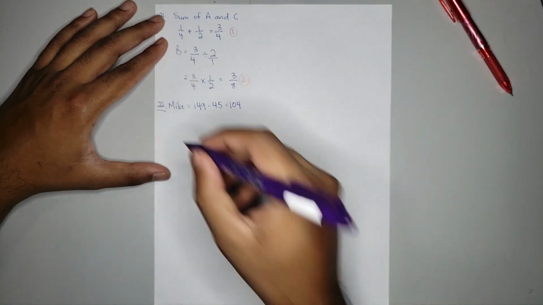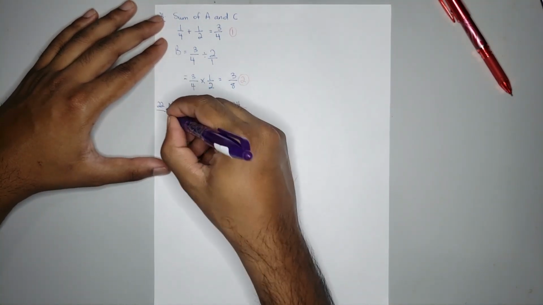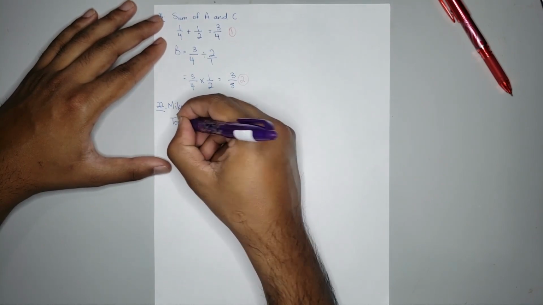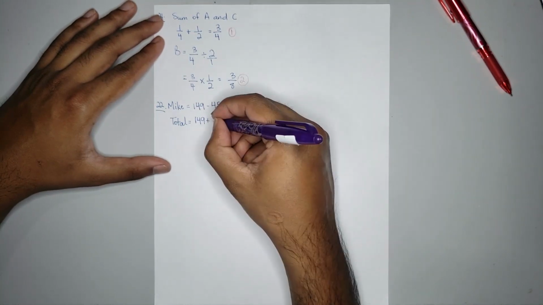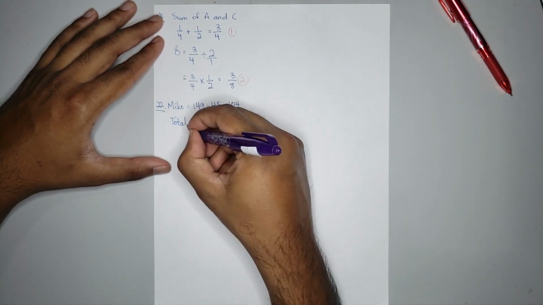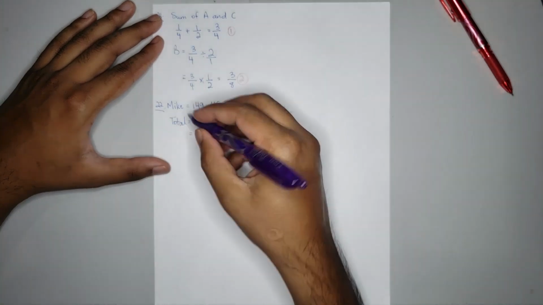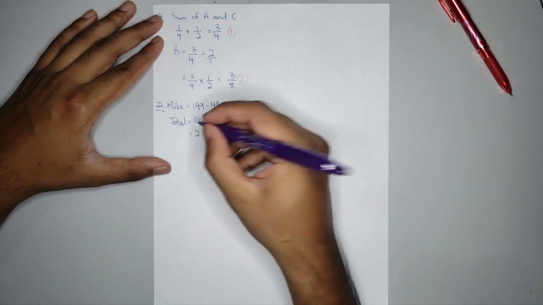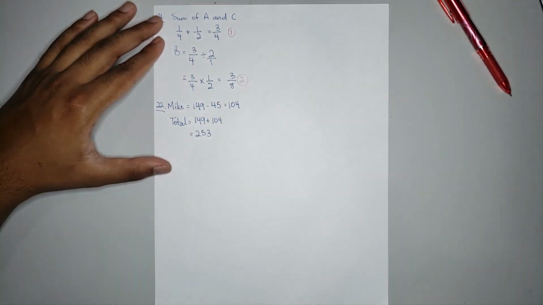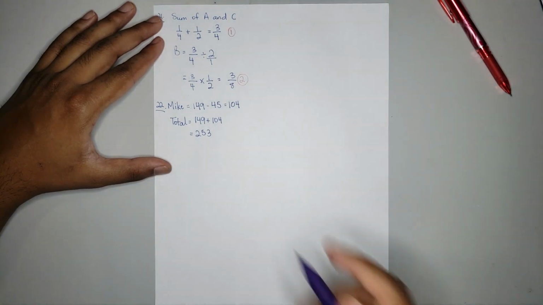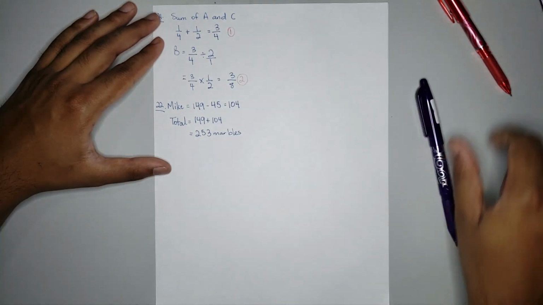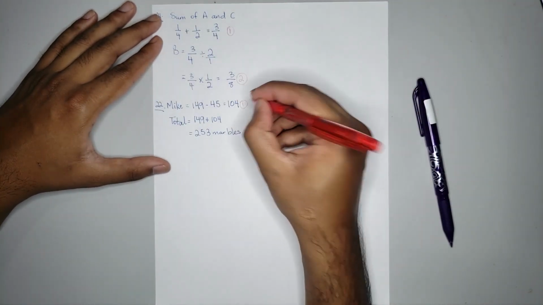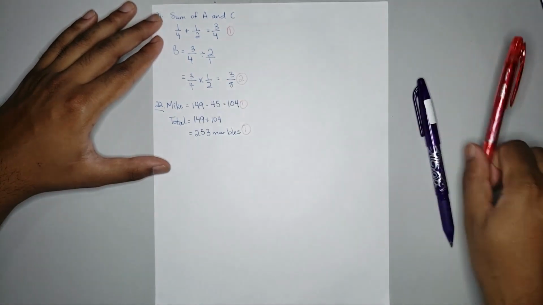So what we need to calculate altogether is the total, so total is 149 plus 104, which is equal to 253. Two marks, you get 1 mark for finding out the amount Mike has and 1 mark for calculating the total.